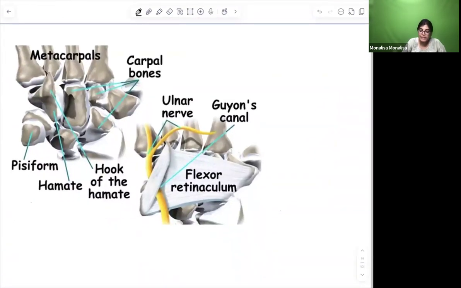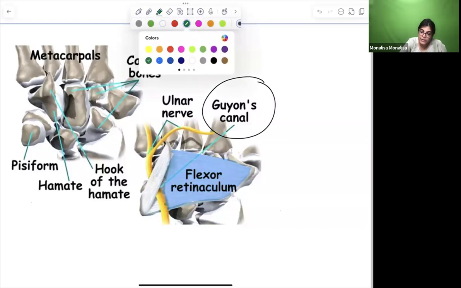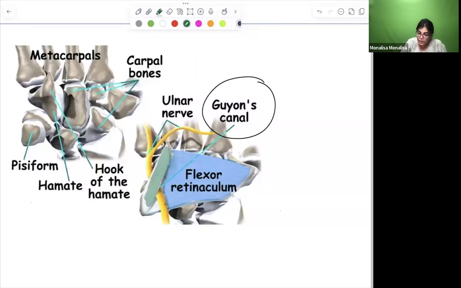I want everybody to understand what Guyon's canal is. In this diagram, you can appreciate that this structure is the flexor retinaculum of the hand, which is overlapped by the superficial slip of the flexor retinaculum, and this structure is called the volar carpal ligament.